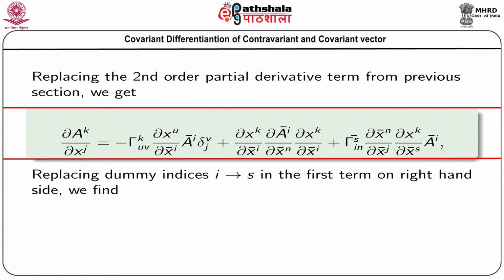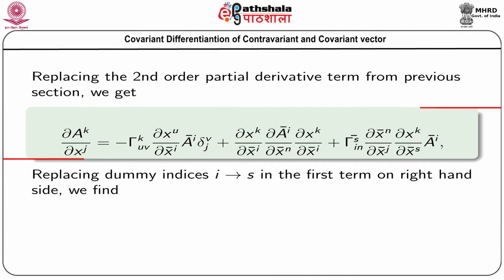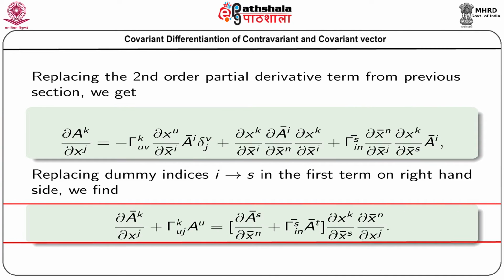Now, replacing dummy indices i by s in the first term on the right hand side, we find ∂a^k/∂x^j plus Γ^k_uj a^u equals, in the third bracket, ∂ā^s/∂x̄^n plus Γ̄^s_tn ā^t, third bracket close, ∂x^k/∂x̄^s ∂x̄^n/∂x^j.